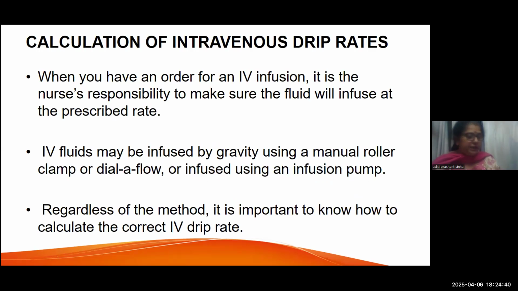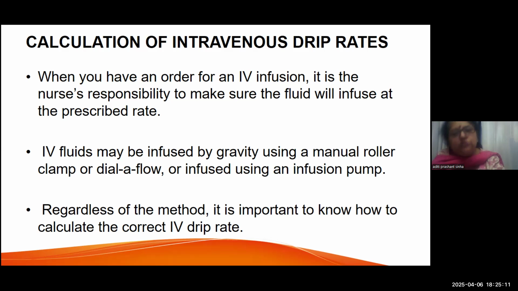Now, I hope that this is clear to you. The next is how you have to calculate an IV drip rate. When you have an order of an IV infusion, you have to make sure that the fluid will infuse at the prescribed rate. IV fluids have to be infused by gravity using a manual roller, and you have to clamp or dial a flow, or infuse using an infusion pump.